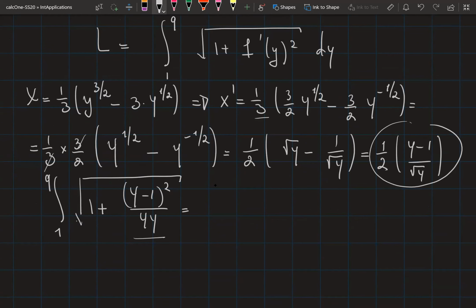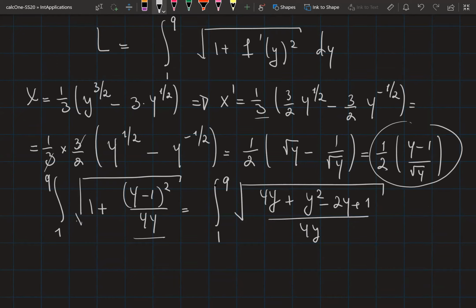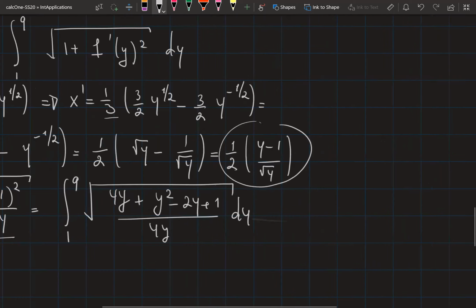So let's open the brackets and try to simplify things. It's going to be the integration of the square root of 1 plus, so let me give the common denominator right immediately, 4y plus y squared minus 2y plus 1 divided by 4y, integration with respect to y. Good.